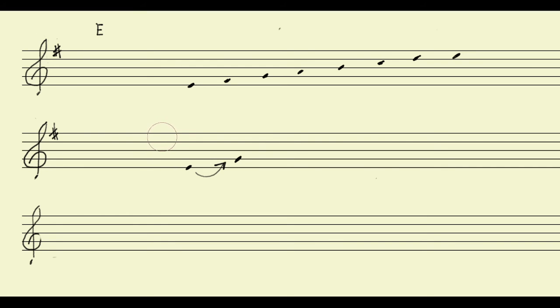It's as simple as that. I just went from E major to E minor just by changing the key signature. Let's try one more, just so we see how that works completely.